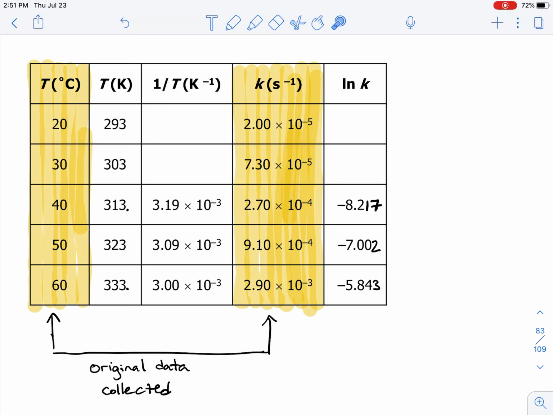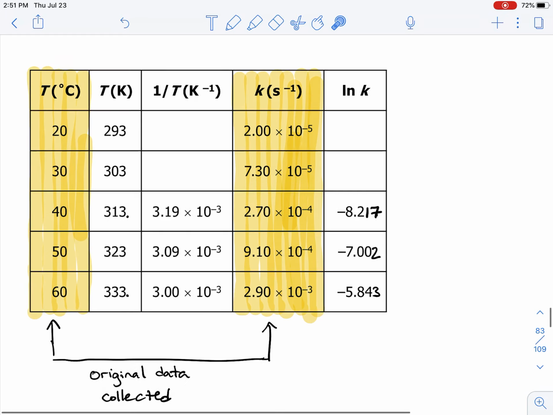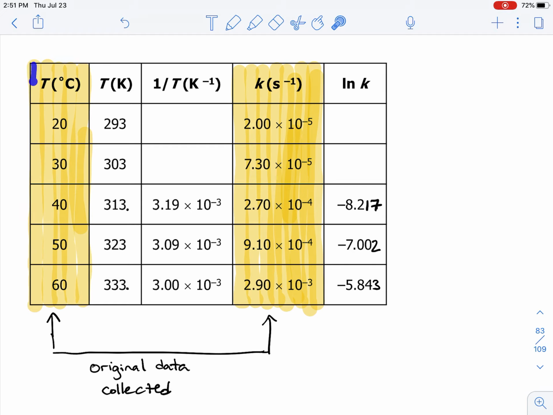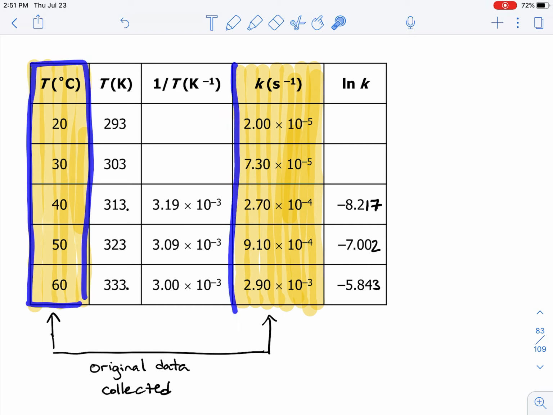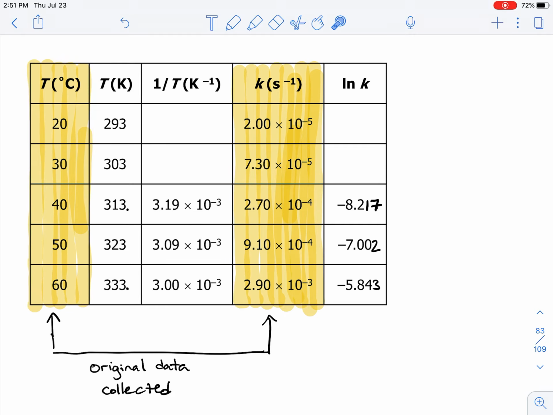So that way we can calculate the slope and then therefore calculate the activation energy. Okay. And so once again, if I were to present this to you on your exam, I'll give you the raw temperature values and the raw rate constant values. And then you yourself need to convert them into the proper values so that it can be plotted correctly on a graph.